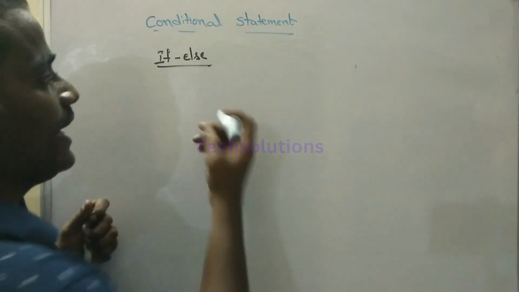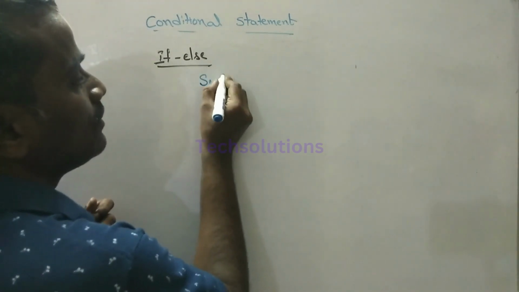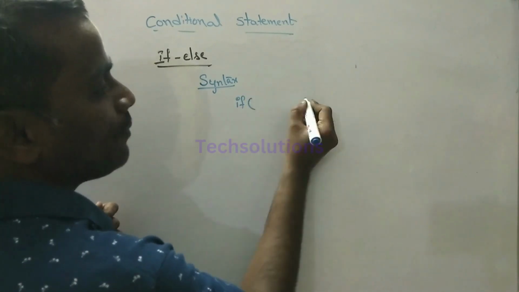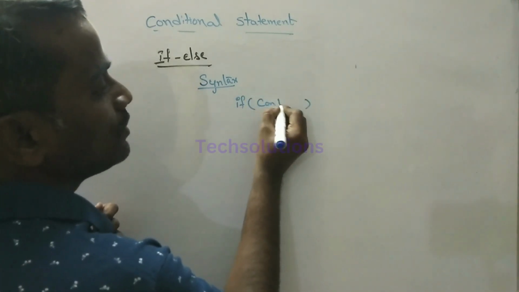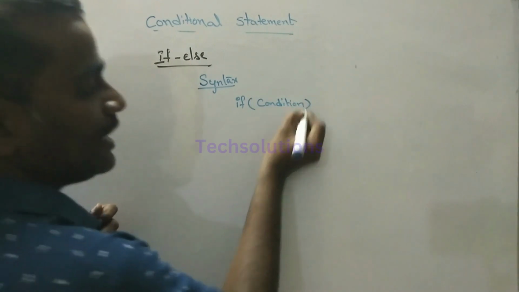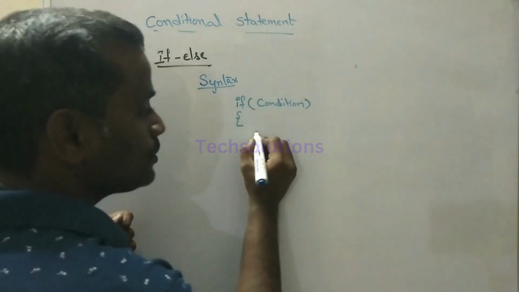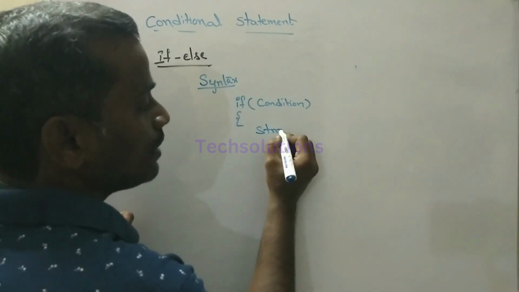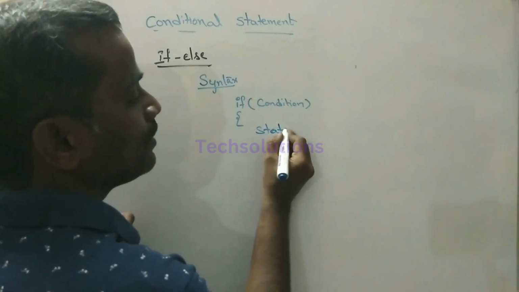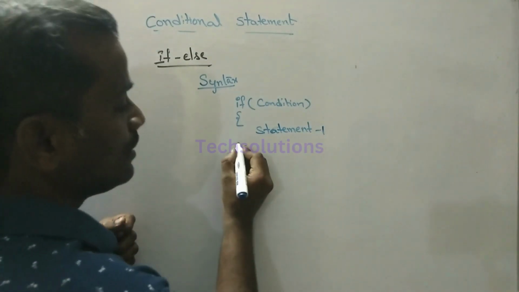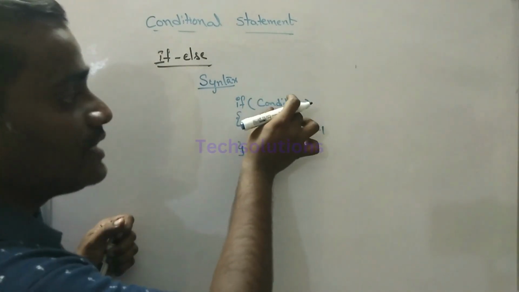Now we can see the syntax. If the particular condition, we can take some condition, is true, I can execute statement 1. Suppose the condition is false.